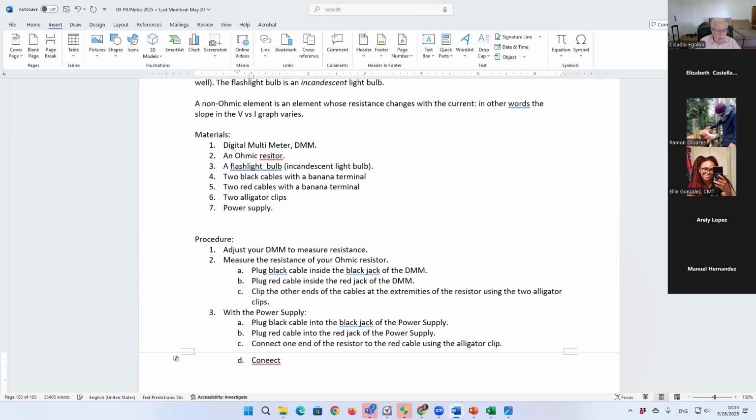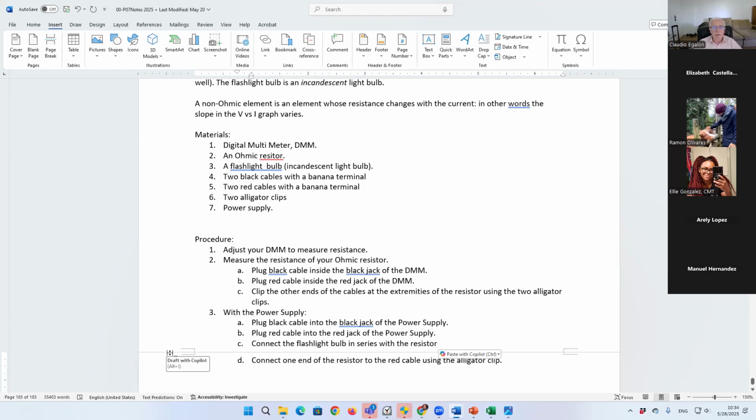Connect the flashlight bulb in series with the resistor. You know what? Let's put this one before this other one here. Okay.